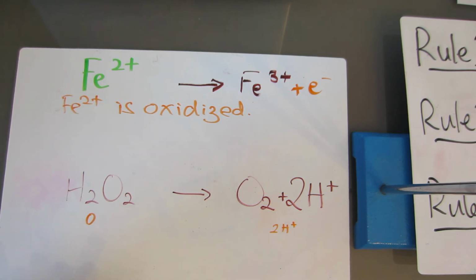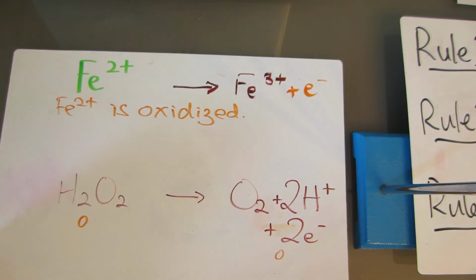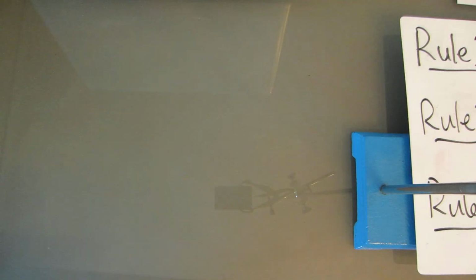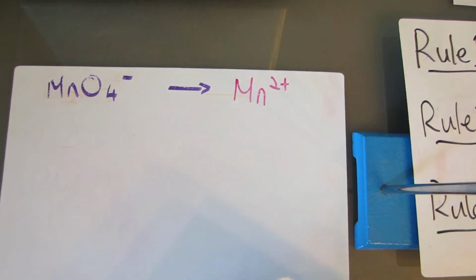So this is the side where I'm going to be adding 2 electrons, so that now overall the charge on both sides is 0. Okay. Really, you need to practice these yourselves, and you will have opportunity to do this from our worksheets, which you'll find in the files section.